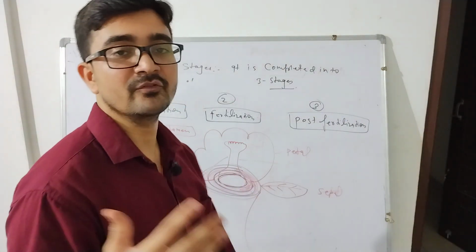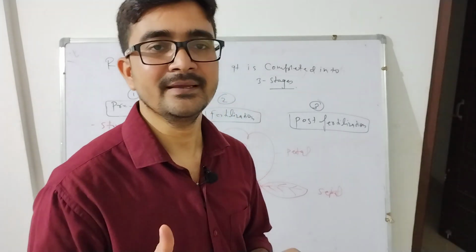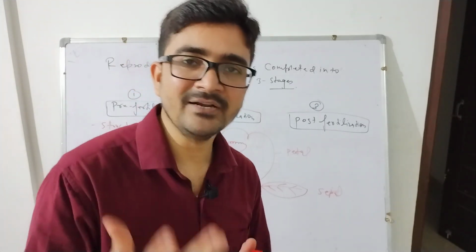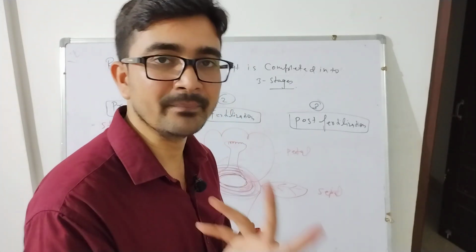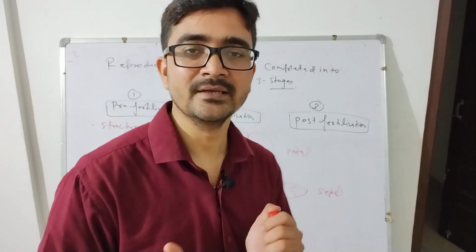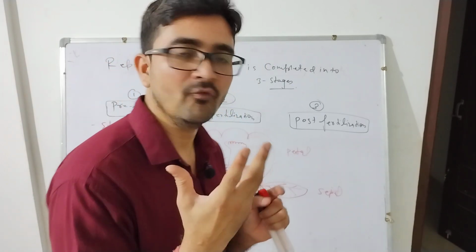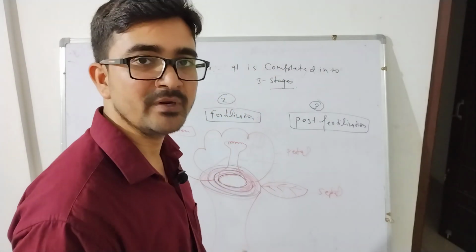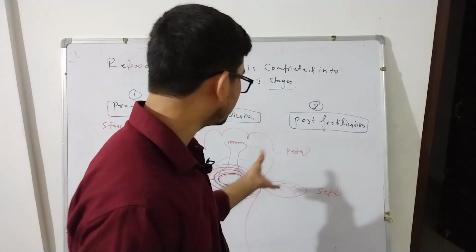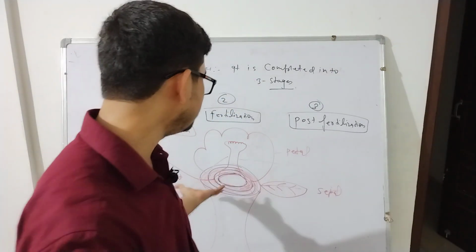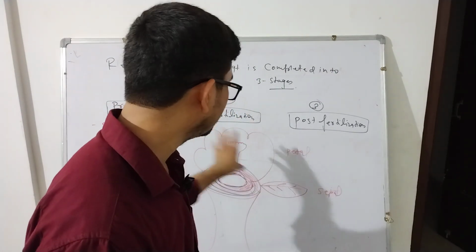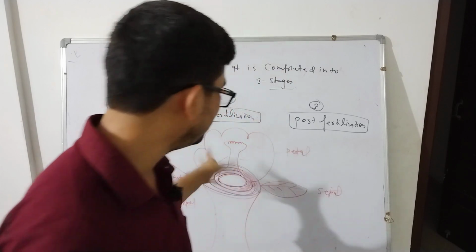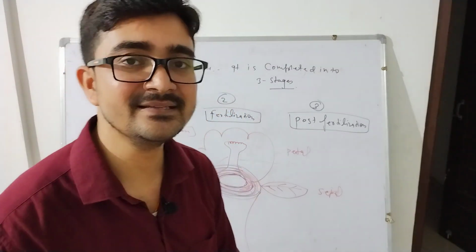If you are talking about the flower, a flower is of 2 types: complete flower and incomplete flower. A complete flower has all of sepal, petal, stamen and pistil. If any component is missing in the flower, you can say it is an incomplete flower.